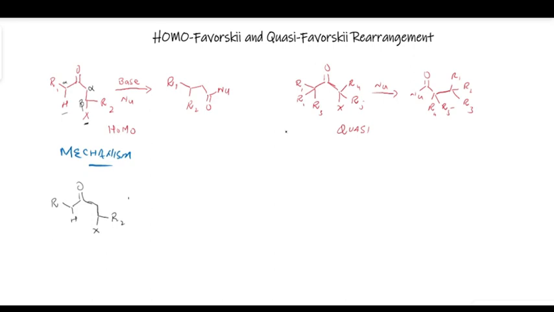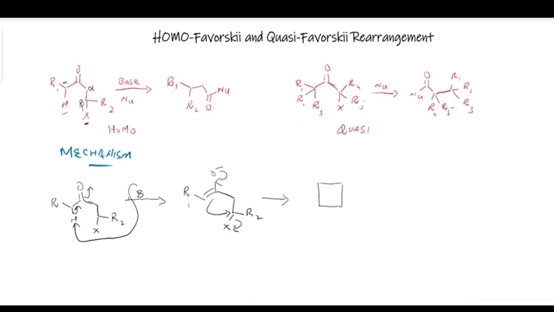So this is our beta haloketone, and when it is reacted with a base, this base will abstract this acidic proton, forming an enolate, which when collapses back allows the removal of this halide anion, and as a result now we have an intermediate that is not cyclopropanone as we saw in the previous case, that is in the Favorskii rearrangement, but in fact we will have a cyclobutanone intermediate.